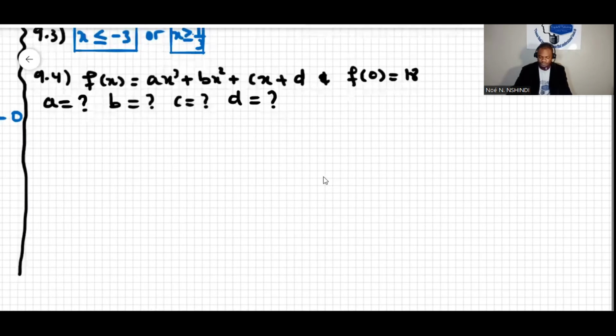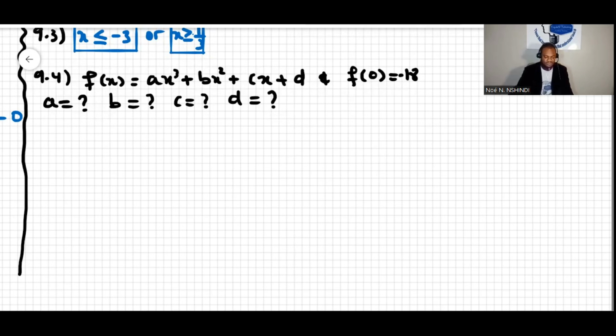So when x is equal to 0, f of 0 will be -18. Now we know that if x is 0, this is 0, this is 0, this is 0, so d is -18. And we can just look at this because this will always be the y-intercept, because x is 0.